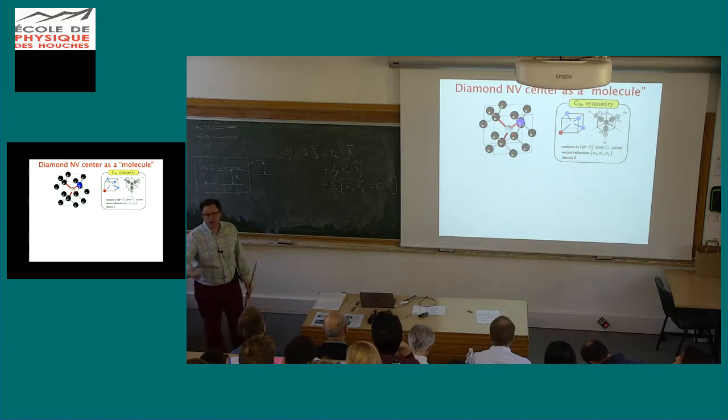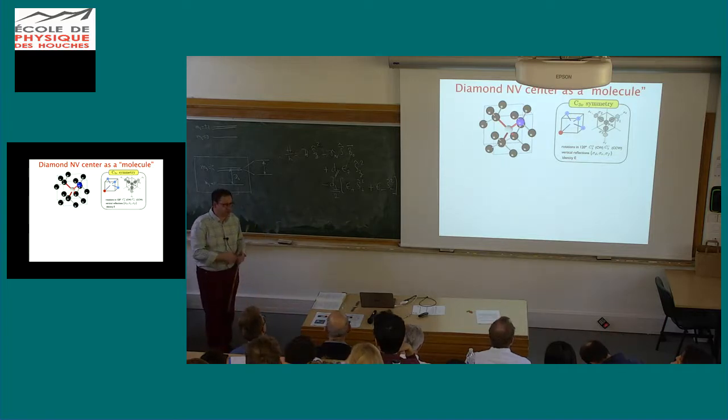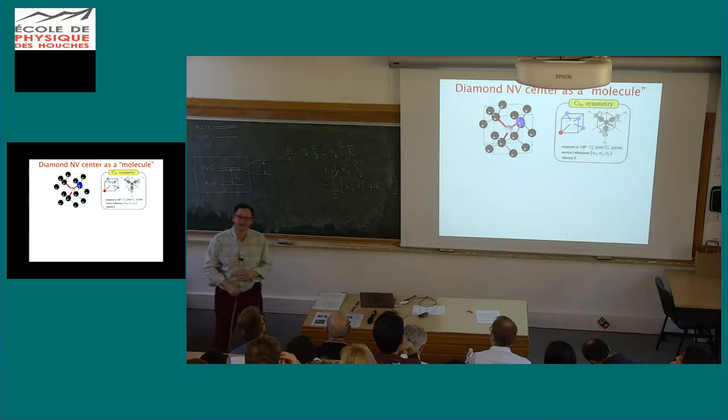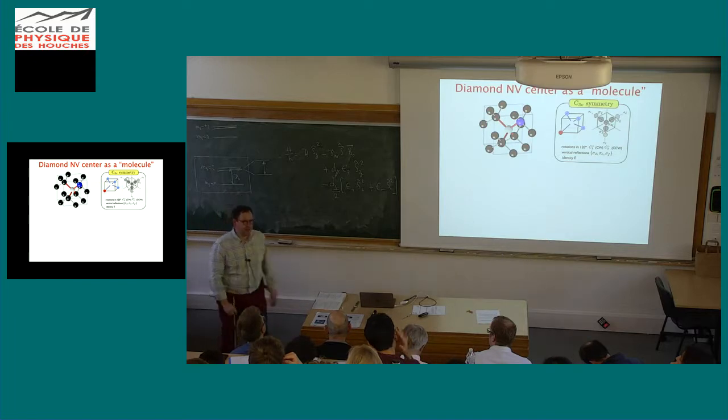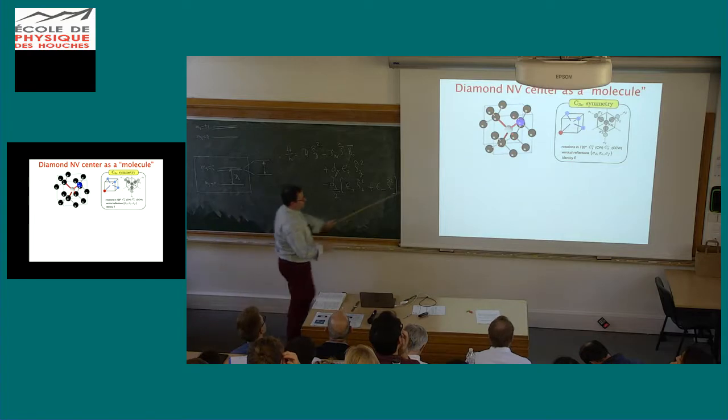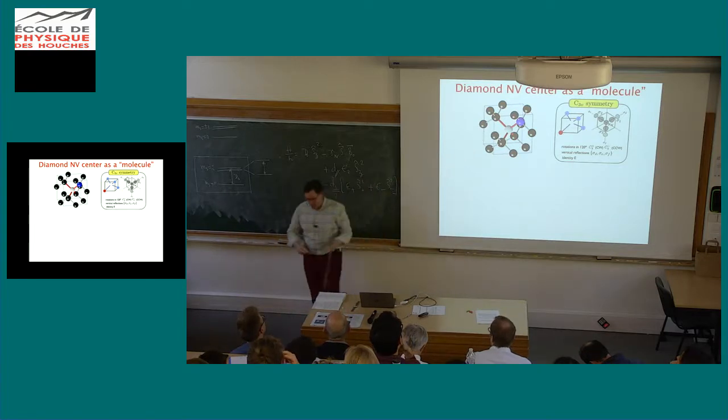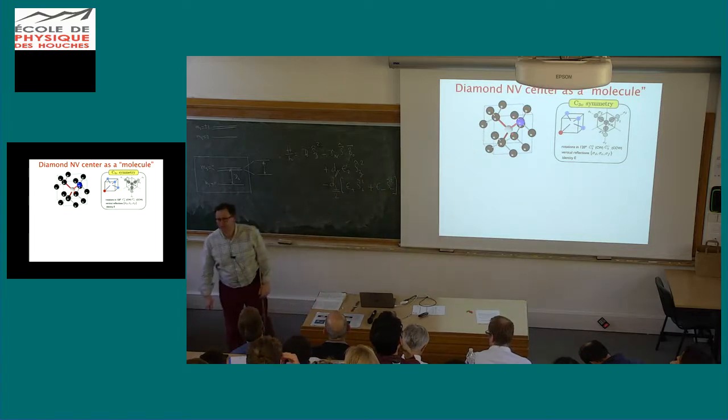And then there is a lot of work also. This is a quite simple kind of approach. You can go beyond that. You can use, for instance, the Hubbard model to construct the structure, or you can use density functional theory to create all that.